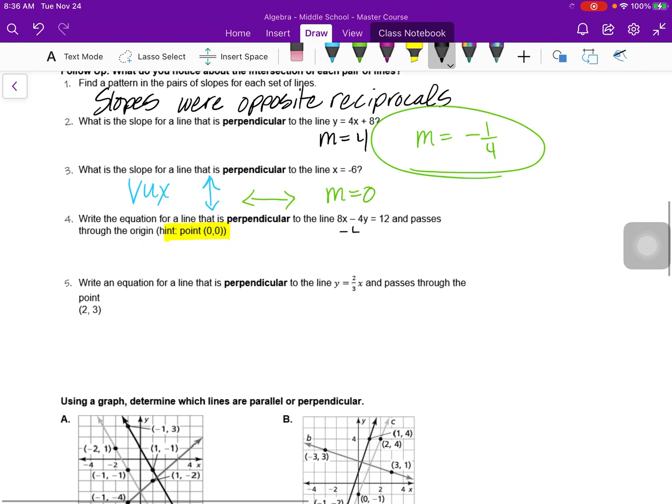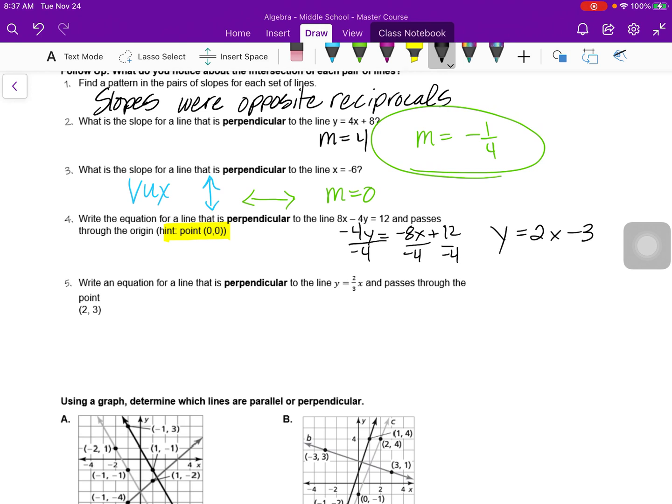So I'm going to subtract 8x from both sides. And then I'm going to divide by -4. Okay, just checking my signs here. So y equals 2x minus 3.